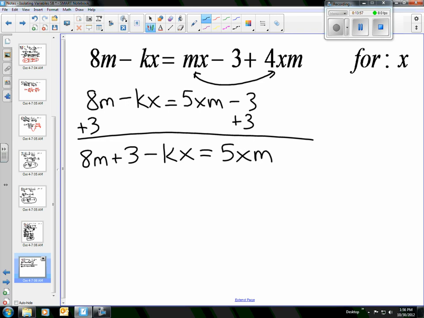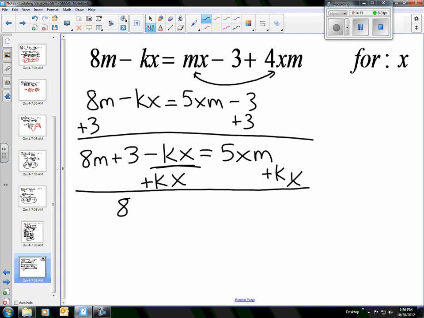And then again, we want to get the x terms together. So we want to get the negative kx to the right side with the 5xm. So we're going to go ahead and add kx to both sides, leaving us with 8m plus 3 on the left, and then 5xm plus kx.